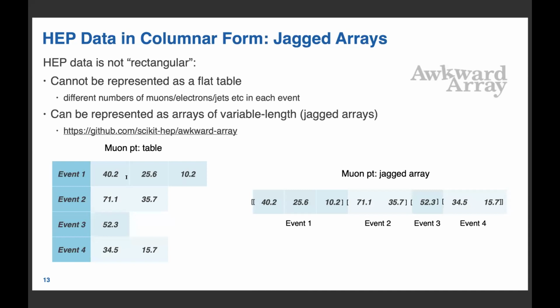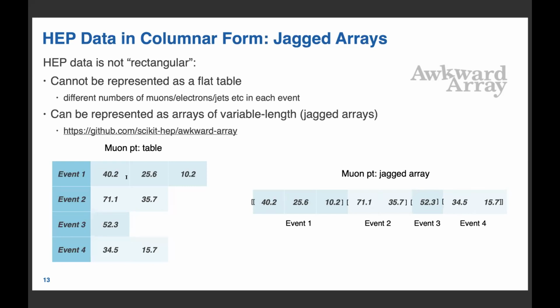So this is, I think, the trickiest point from a, let's say, philosophical perspective of applying a columnar analysis in high energy physics: the fact that high energy physics data is not inherently rectangular. You cannot take high energy physics data as it is and throw it in a table. And the reason is very easy.